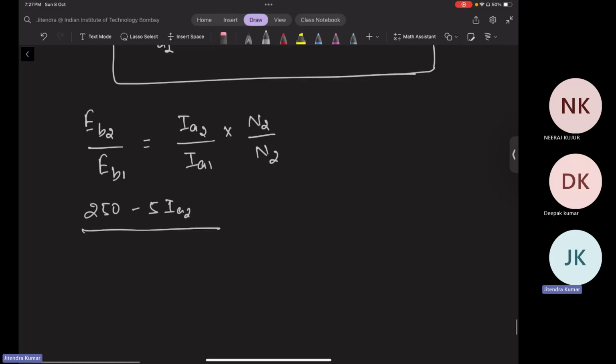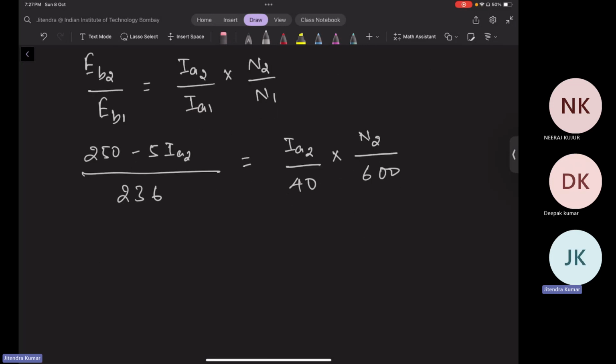EB1 is 236, which is equal to Ia2. Ia1 was 40 into N1, and N1 is 600.